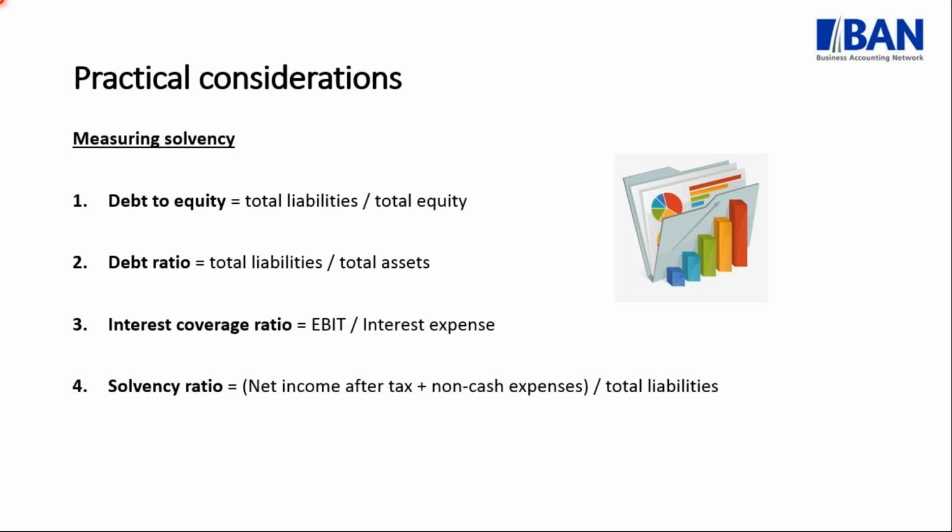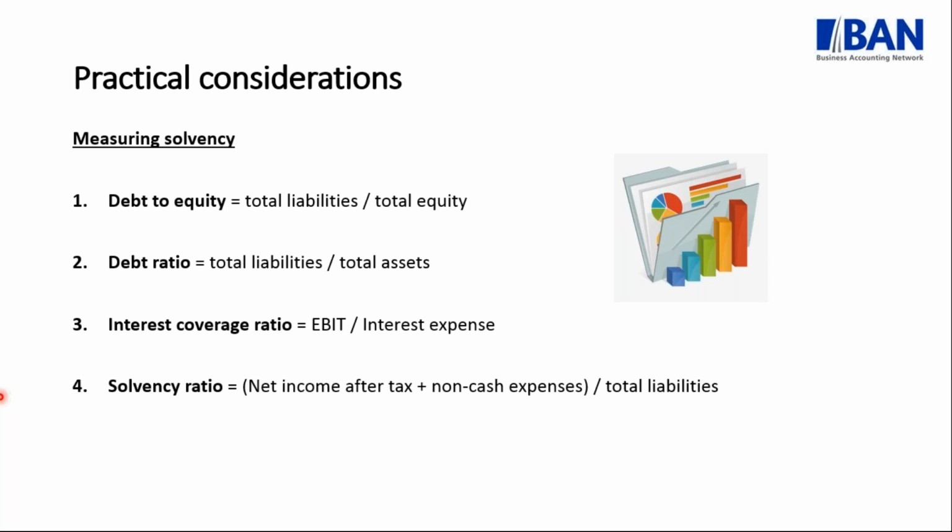Just important to remember with your interest coverage ratio, it does measure how well you are covering your interest, but it doesn't take into account whether you can service the capital portion of your debt itself. So that's why, once again, it's important to look at your ratios and your monitoring of your financial information in context, not in isolation.